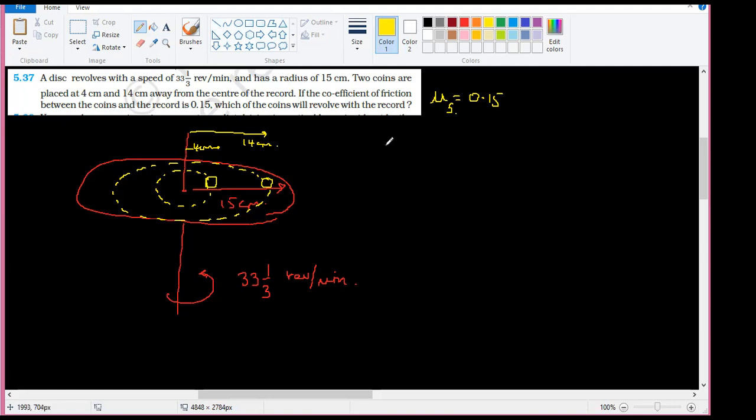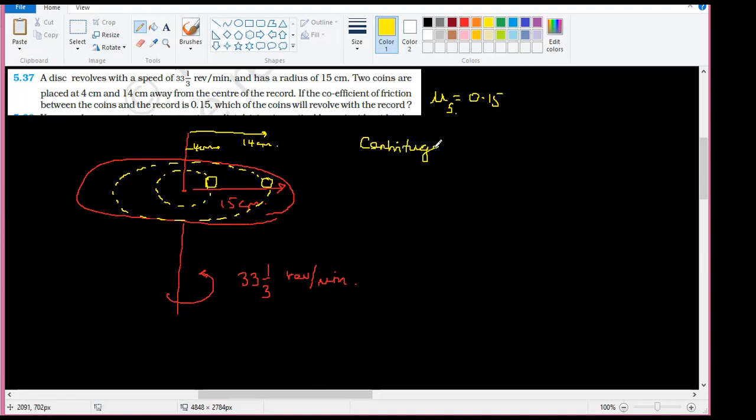So that means I need to calculate the frictional force and the centripetal force for each one. Why? Because centrifugal force is equal to centripetal force. So take it down.